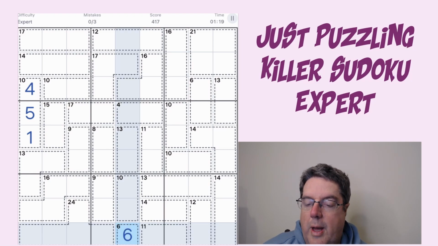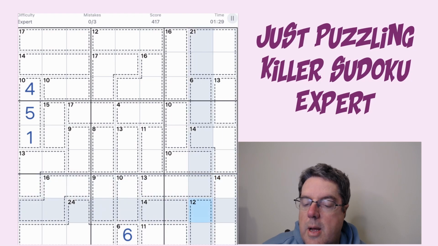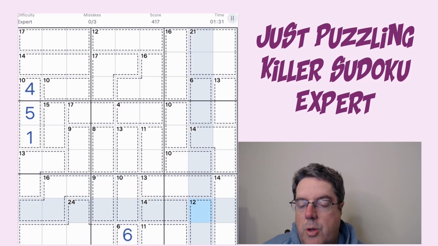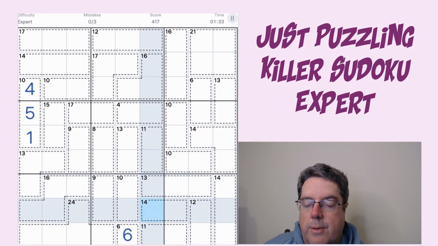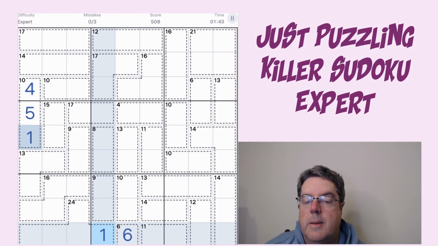What we also have here is one spare cage there. So if I add up 45 plus 45, it's 90. So 14 plus 12 is 26, 39, 53, 64, 70, 80, 89. So to get to 90, it's got to be a 1.